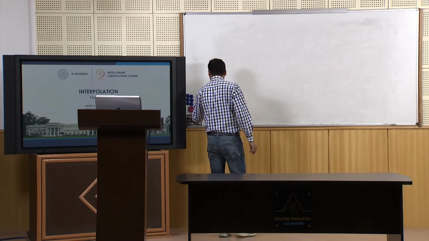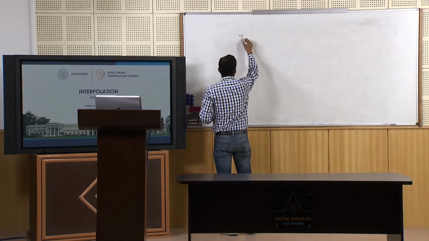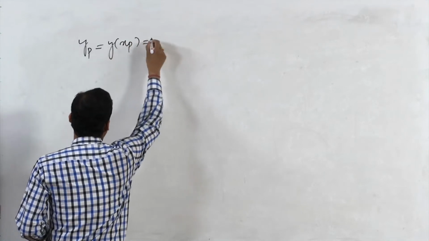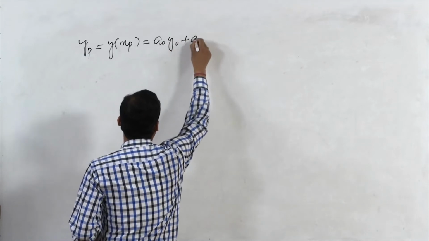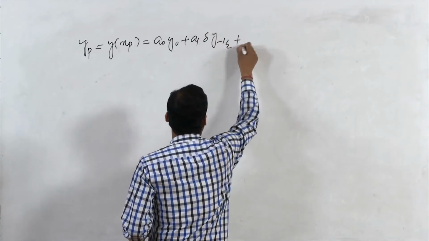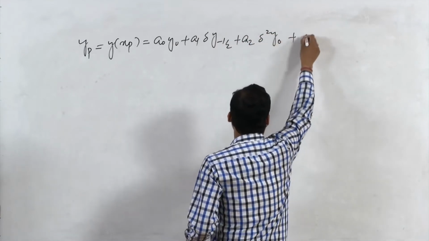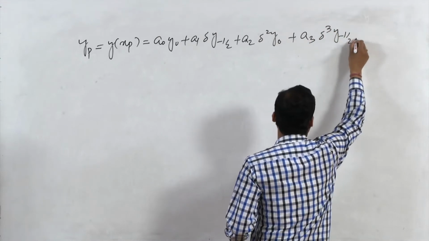where the Gauss backward difference formula is expressed in the form: y of xp can be written as a0 y0 plus a1 delta y of minus half plus a2 delta square y0 plus a3 delta cube y of minus half.